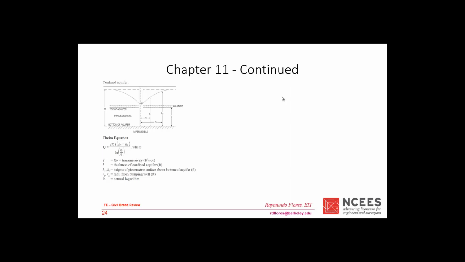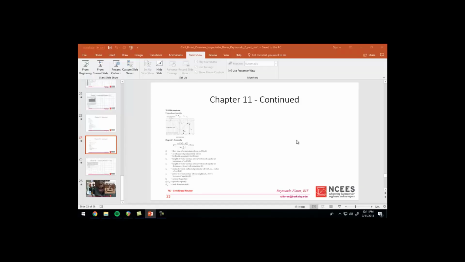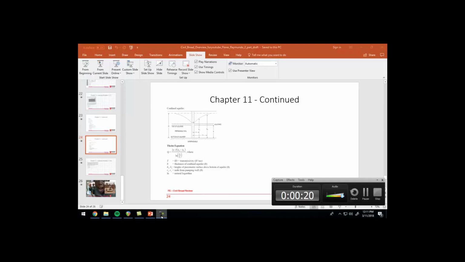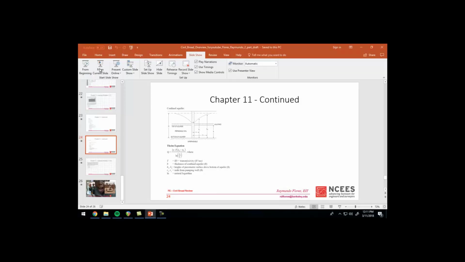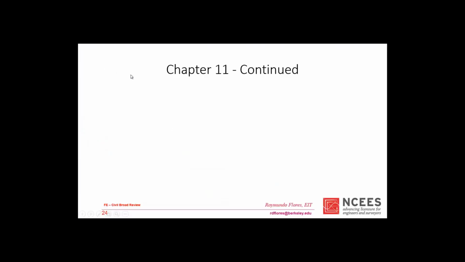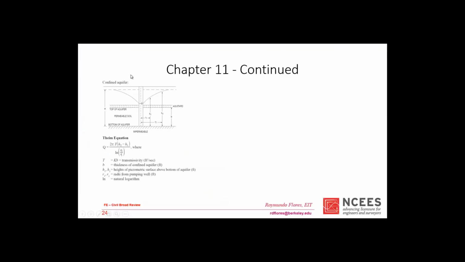All right, so now we have the confined aquifer, or well, drawdown well. Hold on a second. So basically the unconfined aquifer, and let me draw that out again. I want to remind you what the unconfined is all about.